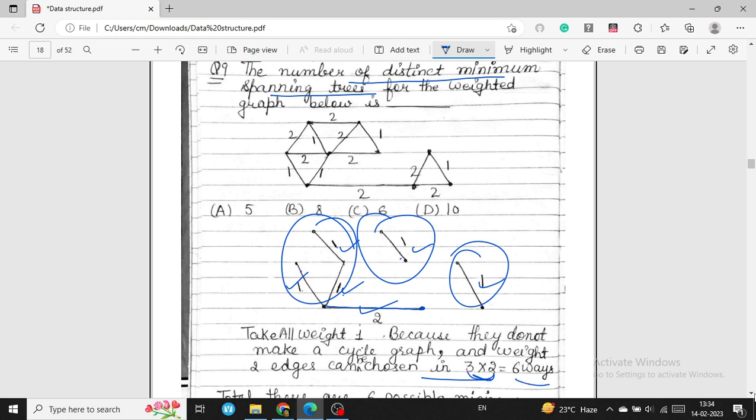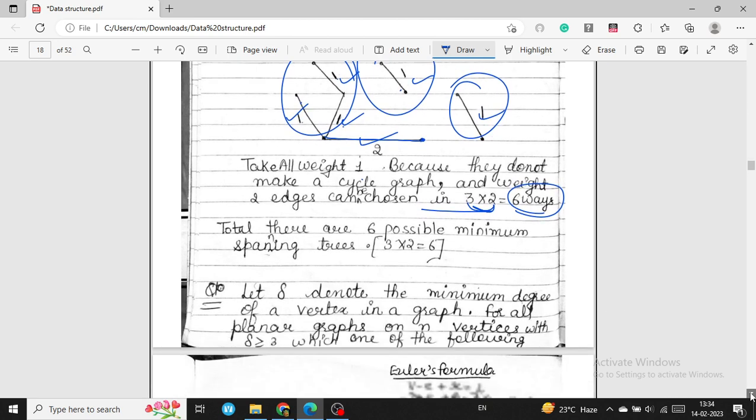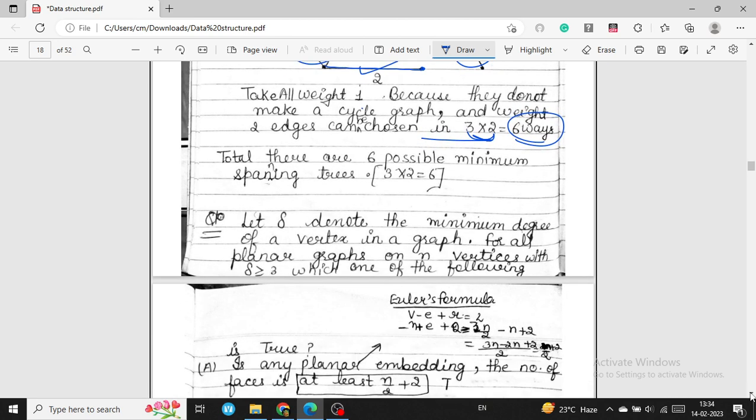When we multiply, we get 6 ways. This is the answer to this question. Now you can see there are 6 possible minimum spanning trees. You can draw 6 possible minimum spanning trees from this graph.